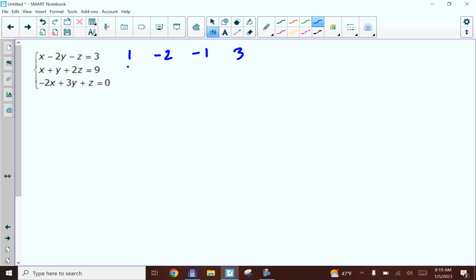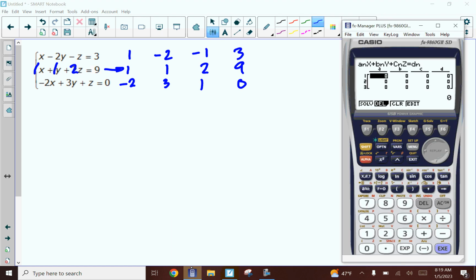The next line would be 1, 1, 2, and 9. And again, I'm putting 1s because the X and Y don't have numbers in front, and then this one has the 2. That's where all of these numbers came from. This next one would be -2, 3, 1, and 0.